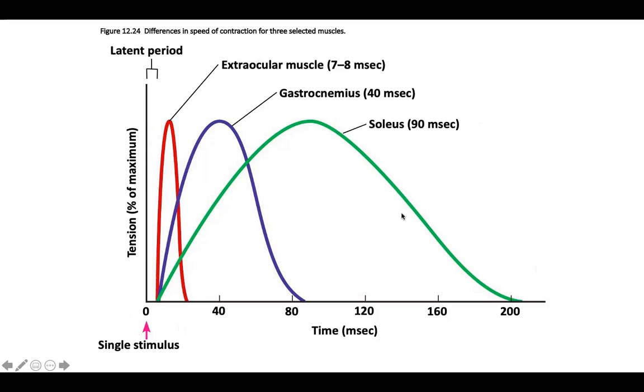Okay. What I also want to point out is we can make a connection between the rate of the contraction and relaxation of these 3 muscles with the physical location, right? The anatomy of these muscles and the type of activity that these muscles are most likely doing. So our extraocular muscles are the muscles of our eyes. These are the muscles that help to move our eyes in terms of tracking and maintaining vision. And so they're not doing a whole lot of strenuous activity.